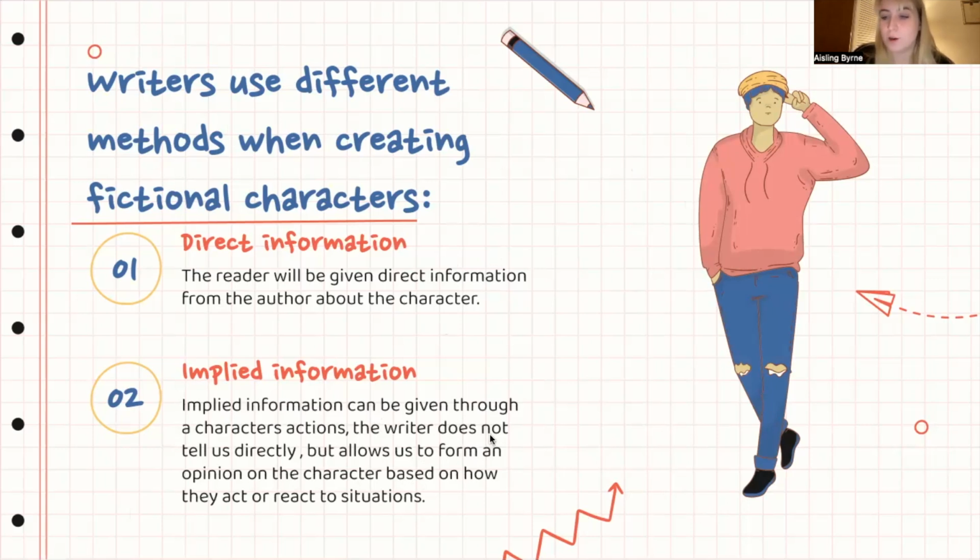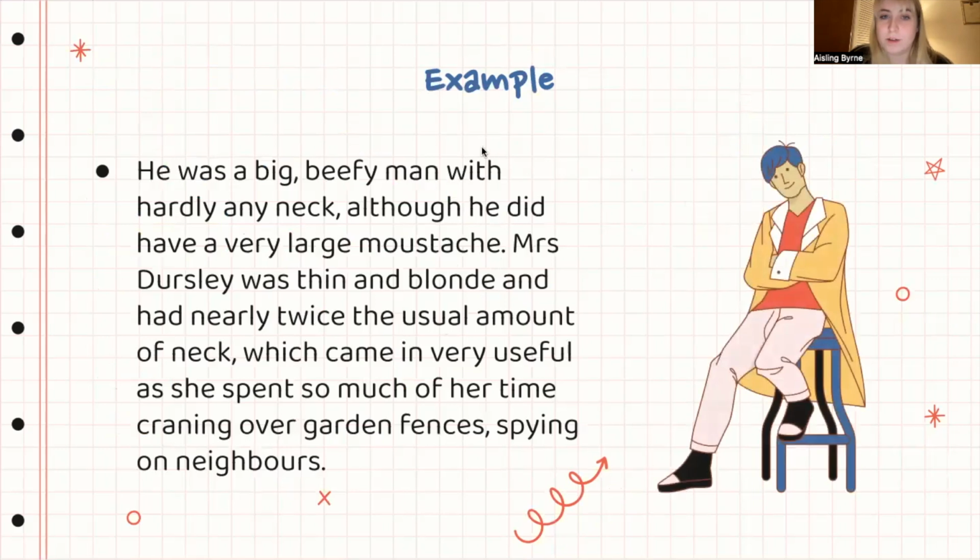So we'll be told stuff about characters, but then stuff will also be implied about the characters as well. I have an example here from Harry Potter, if anyone is familiar with Harry Potter or has read the books. "He was a big, beefy man with hardly any neck, although he did have a very large mustache.